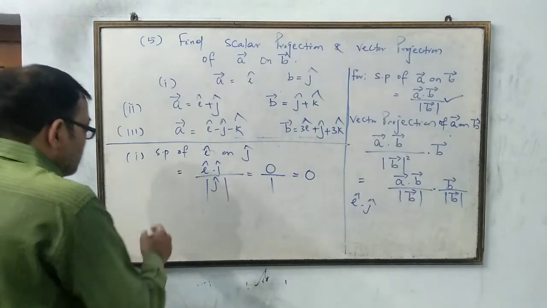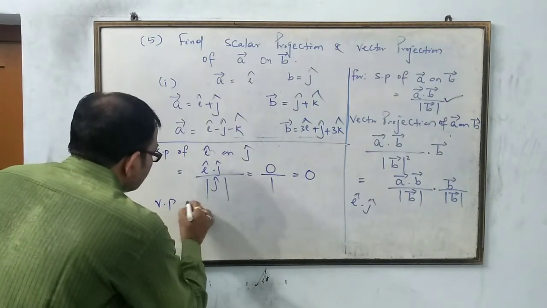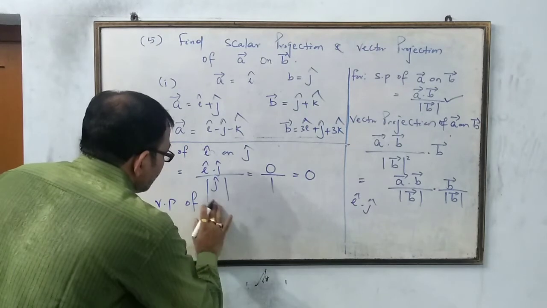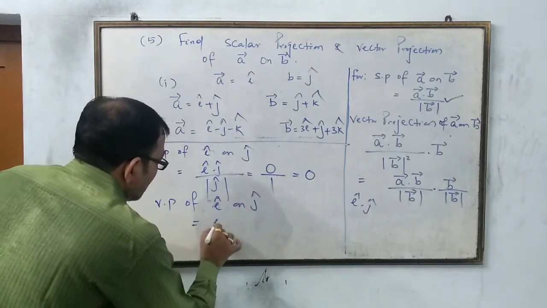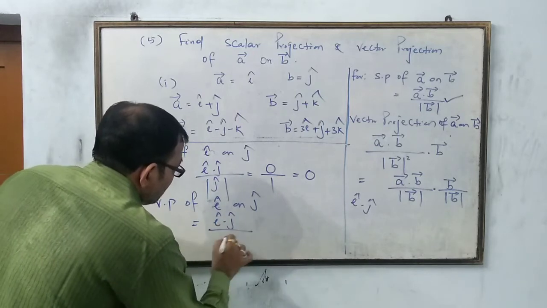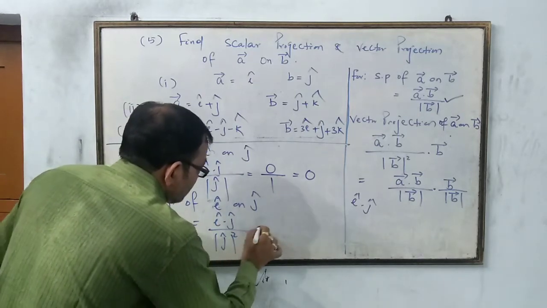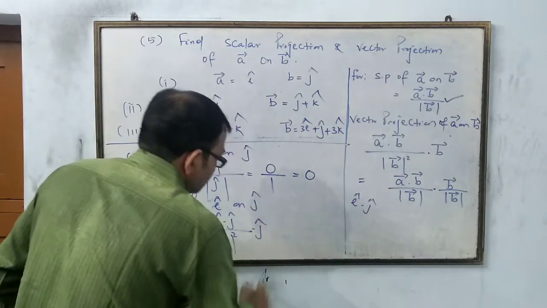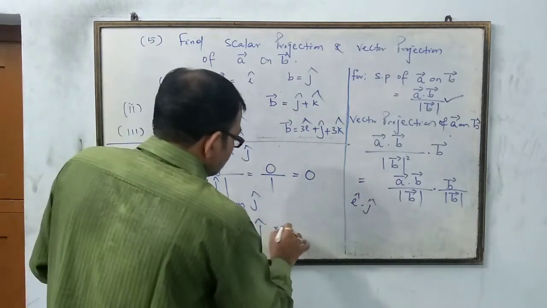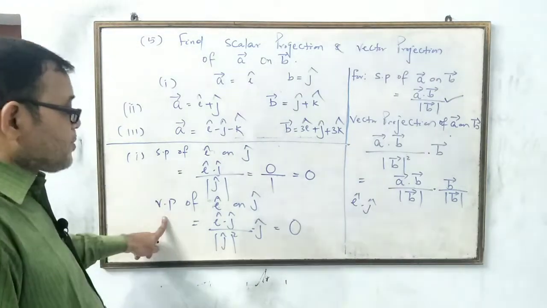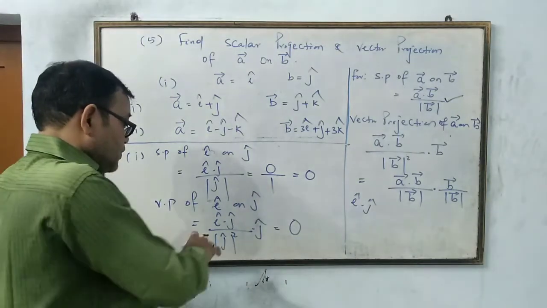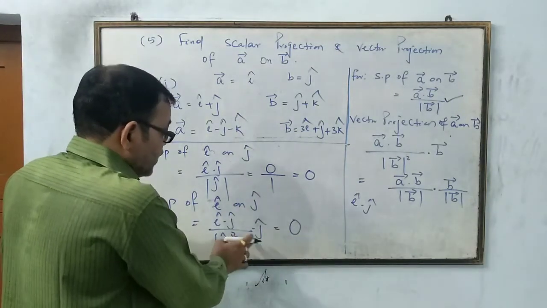What about the vector projection of I on J? The answer is I dot J by magnitude of J square into vector J. So I dot J is 0, and 0 into something is equal to 0. But since it is a vector quantity, it is 0 into a vector.